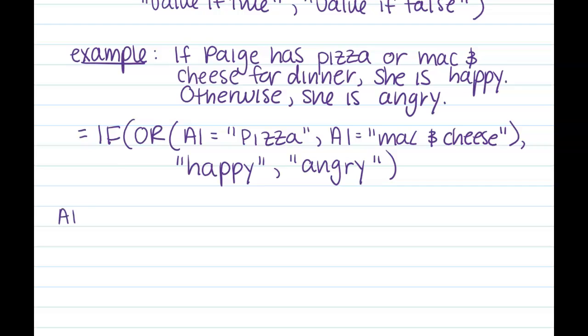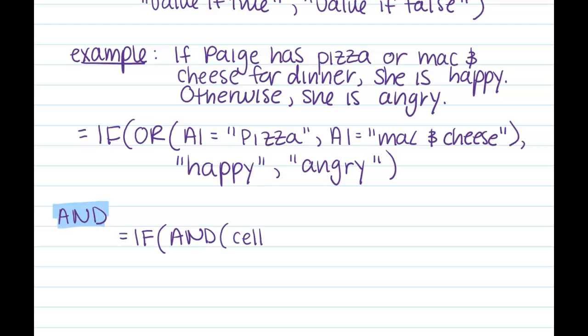Last type of logic we'll look at is and. So for and, we'll do equals if, and then we'll do and. Before we did or, we'll do and in here.